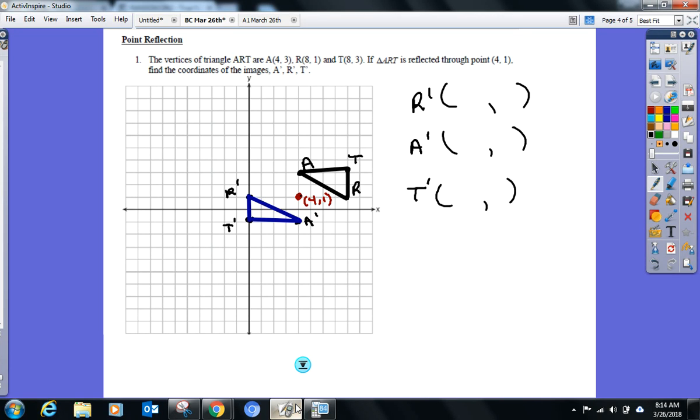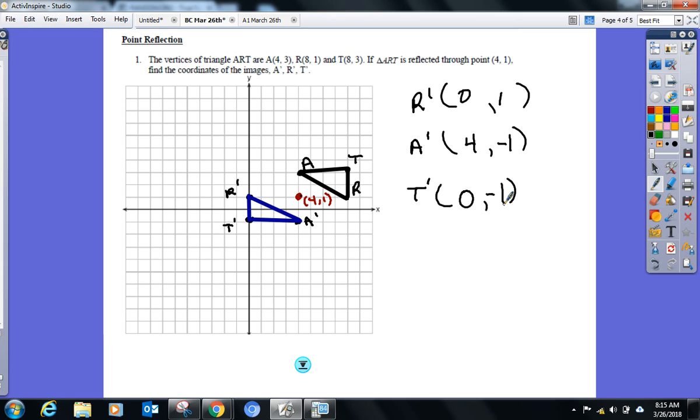What's R prime? R is (0,-1). Or no, (0,1). A prime is (4,-1). And T prime is 3. Are we okay on reflecting through a point?